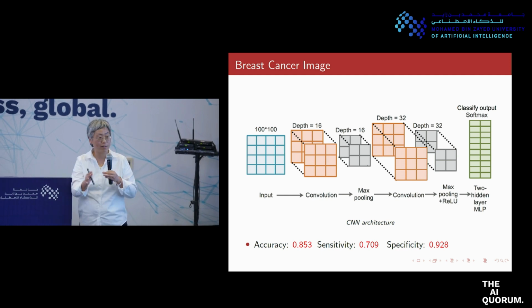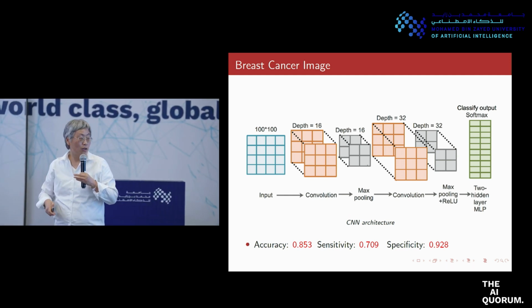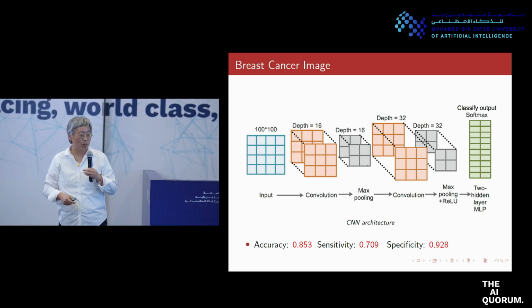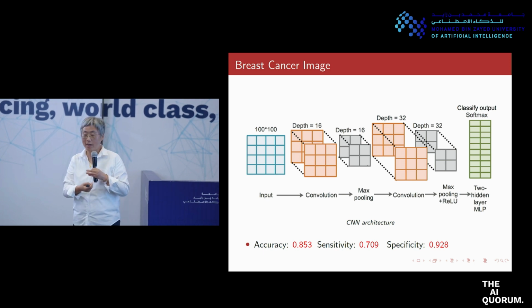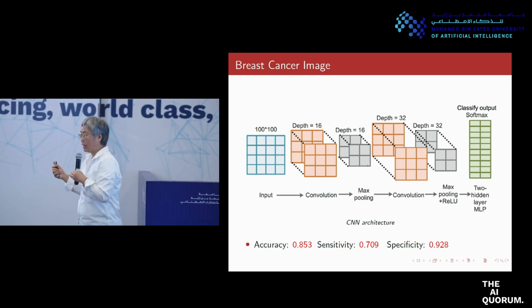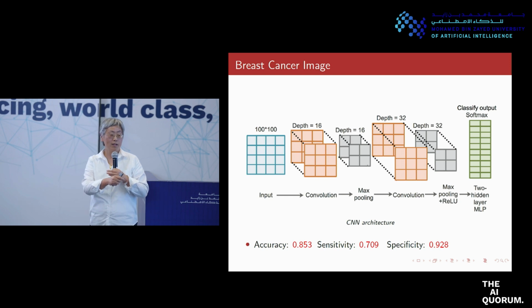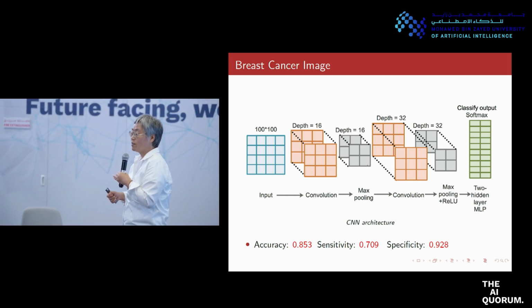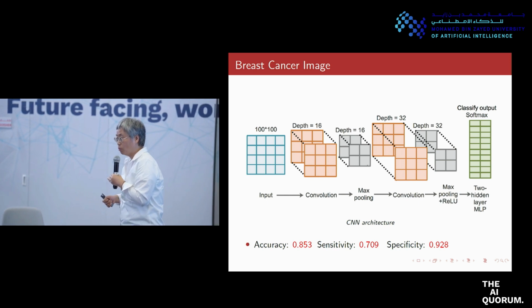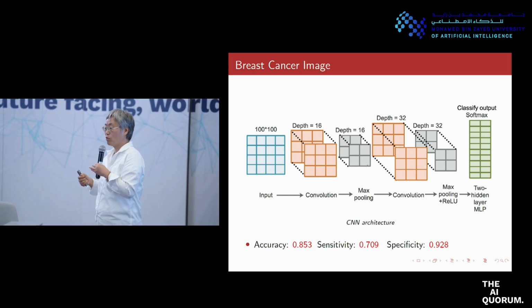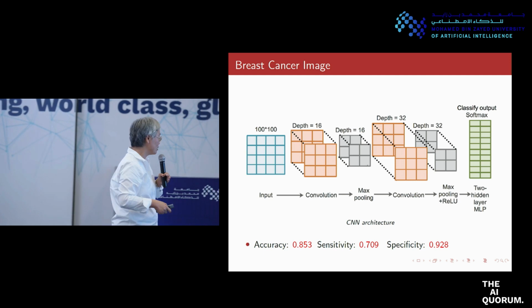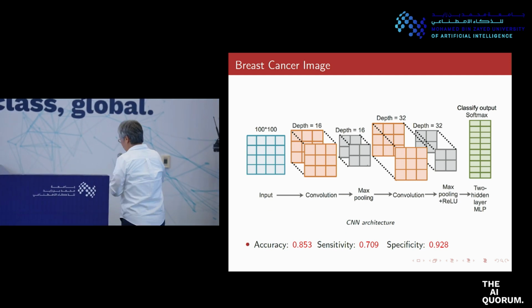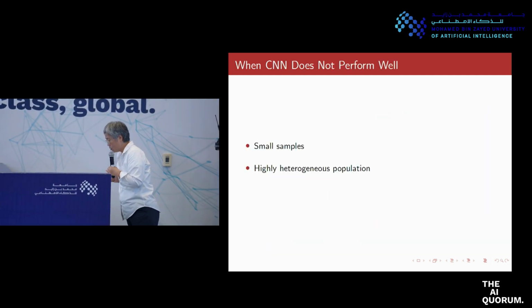Actually, we do all kinds of tuning, okay? Your accuracy is 85%, sensitivity is still 70%. Compared to MNIST data, it's much lower, okay? Specificity, true negative, no big deal, because in cancer study, we really care about the true positive. Of course, we also care about true negative, but true positive is more relevant. You don't want to miss any serious patient.